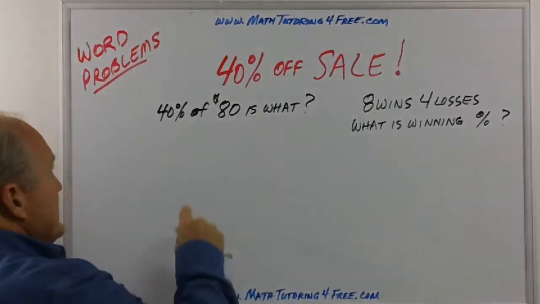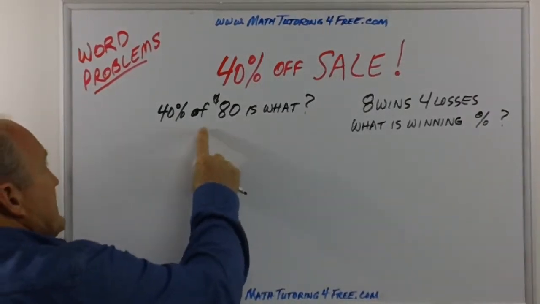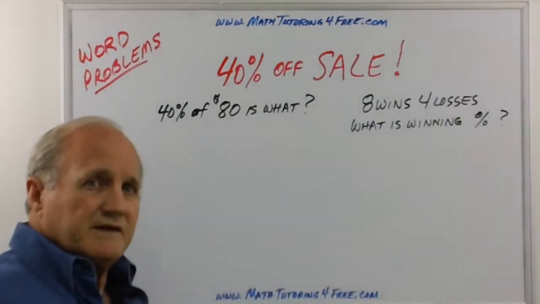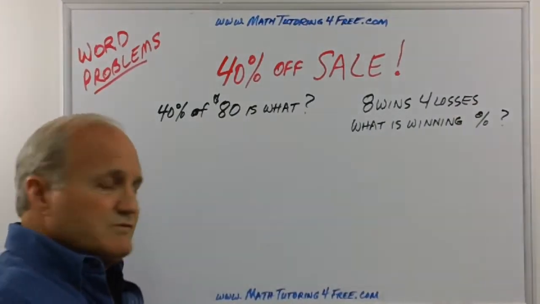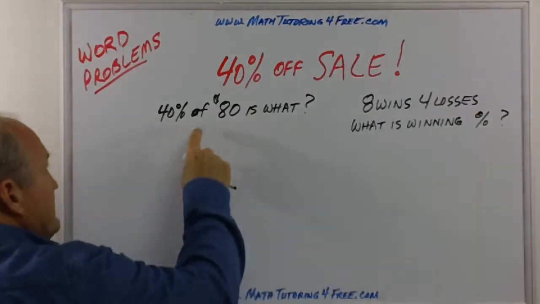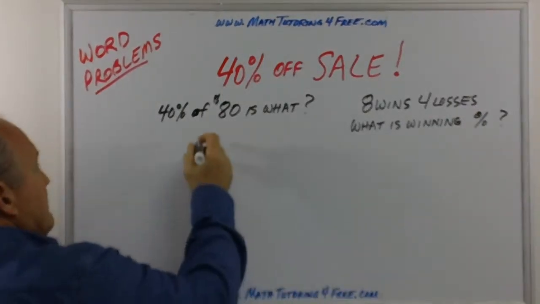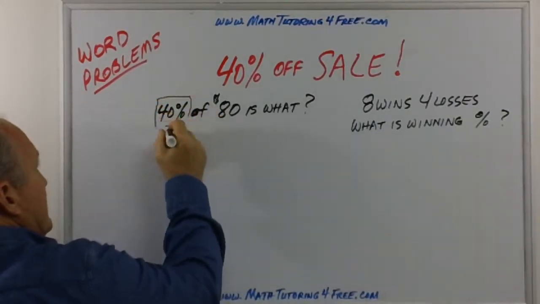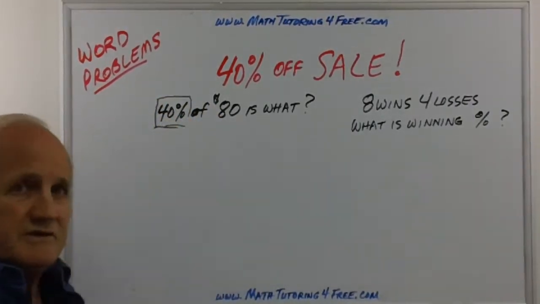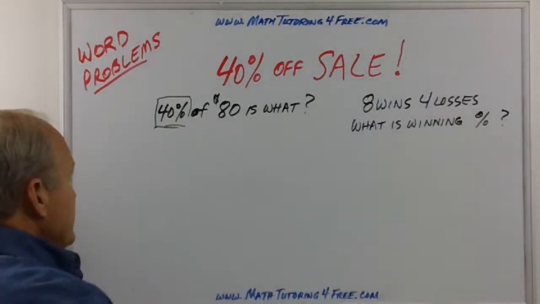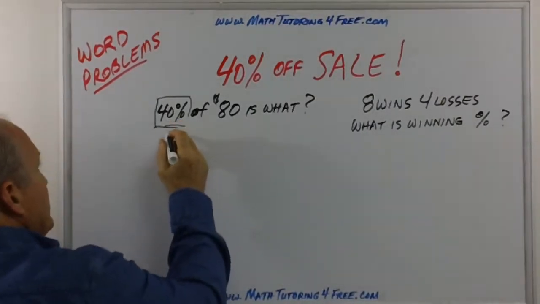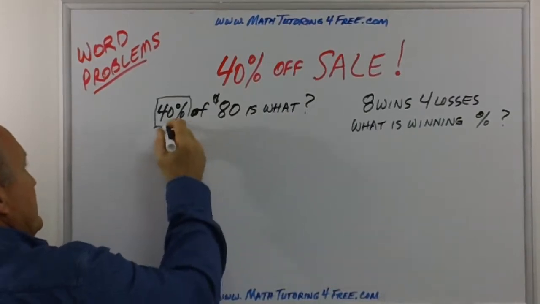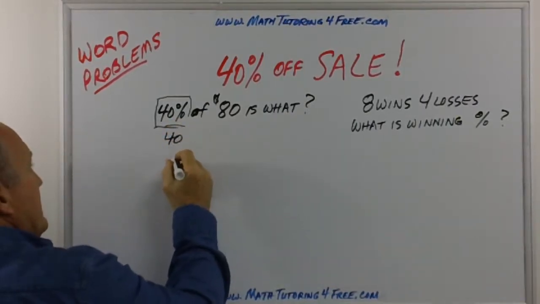In this case, if we say 40% of, let's say the selling price was $80, is what? Now if we took those words and rewrote them as we were talking about in our last lesson, 40% of, can we change percent to a decimal? It's always easier to multiply by a decimal. Hopefully by now we learned that when we take a percent, it's part of 100, so that becomes 40 100ths.